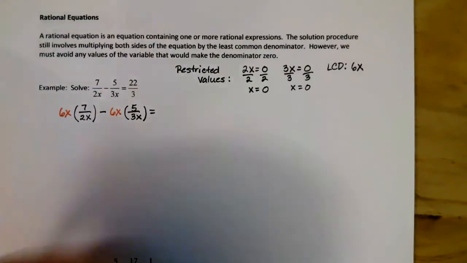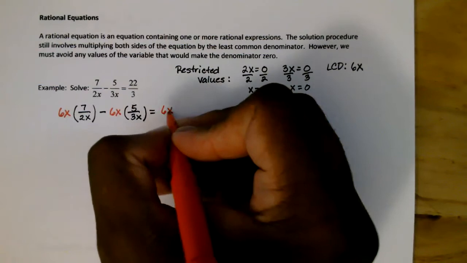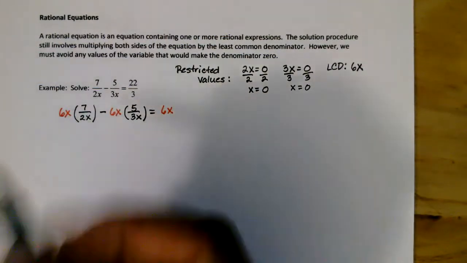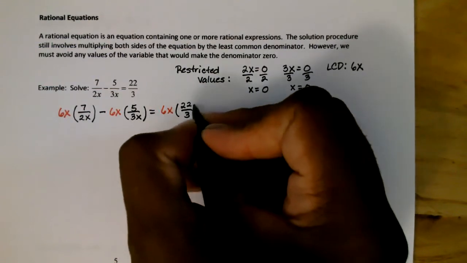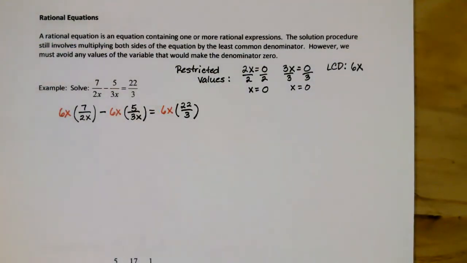Is equal to, and then 6x again would be multiplied by 22 over 3. Because here I'm trying to get rid of all these fractions that I have here.